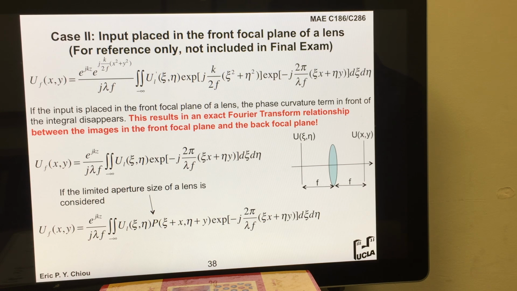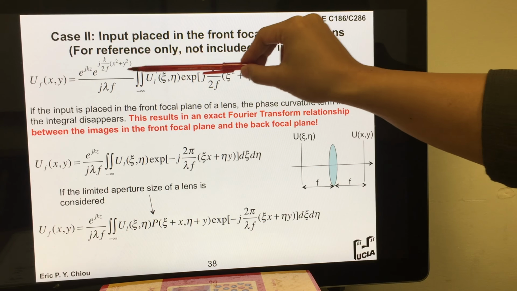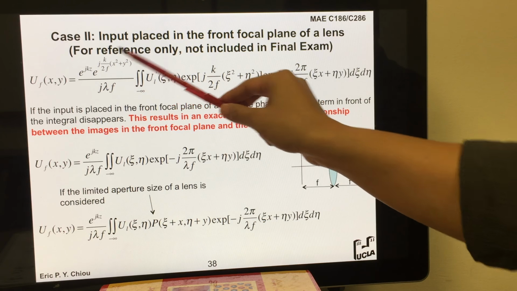In some cases, there may be a need to keep the phase term and not simply ignore it.